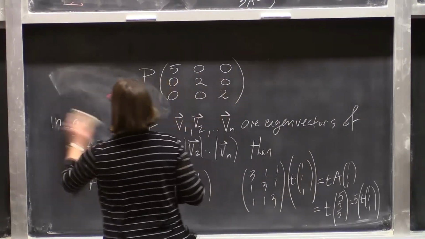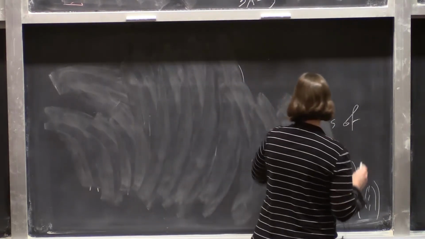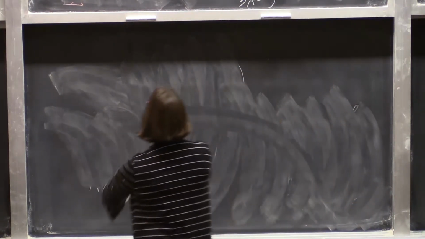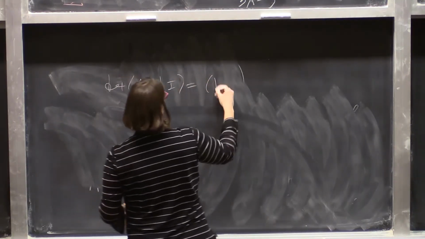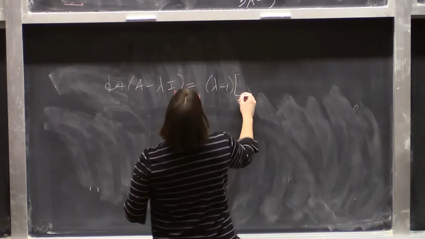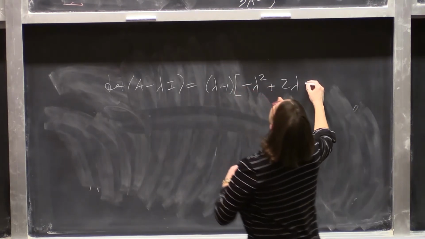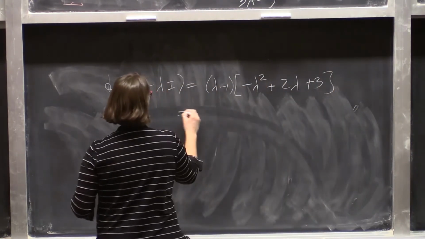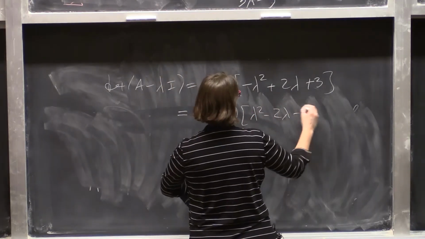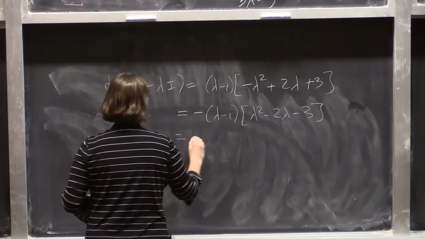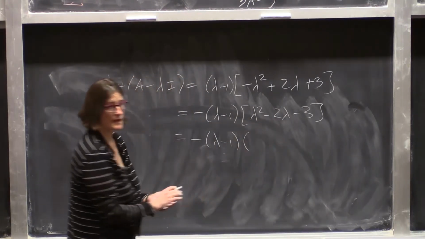So I got that my characteristic polynomial, the determinant of A minus lambda I, is lambda minus 1 times minus lambda squared plus 2 lambda plus 3, which is minus lambda minus 1 times lambda squared minus 2 lambda minus 3, which is minus lambda minus 1 times, can I factor that?